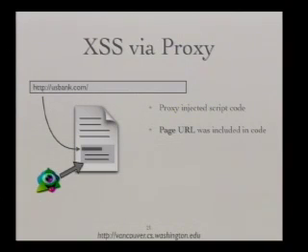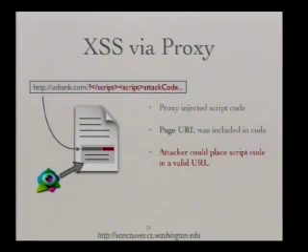Well, the URL is something that an attacker can influence. So an attacker could construct a URL that was valid, but that had script code hidden at the end of the URL. And you could put that either after a question mark to treat it as a server parameter, or you could put it after a hash to treat it as some anchor tag on the page. And then the attacker would try to convince users to follow this URL.